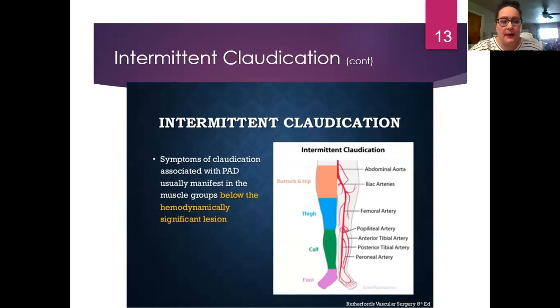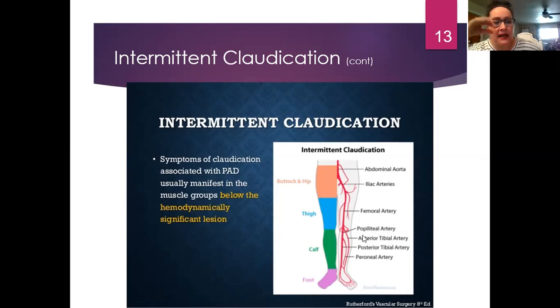It shows that if you have an area that's obstructed, for example, up high in the aortic or iliac arteries, everything below that area is where you're going to notice it. Let's say it's affected in the popliteal artery, which is right behind the knee. Below that, the calf and the foot would be what's affected. So as you get lower, fewer areas are affected, and the higher you get, the more areas it would affect.